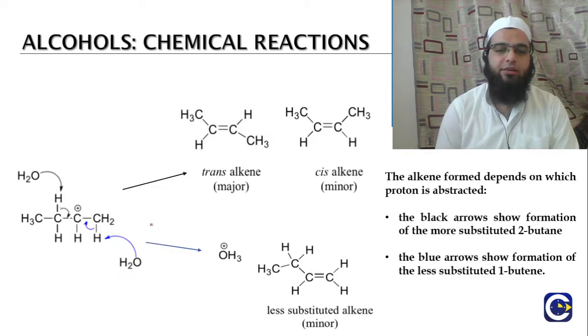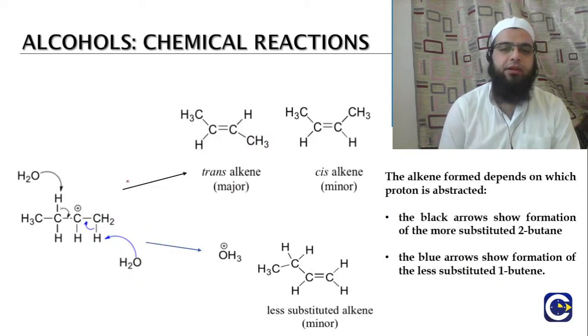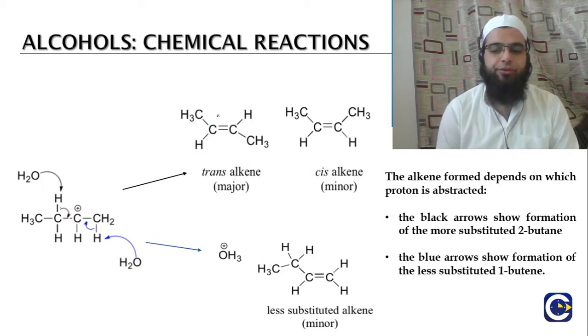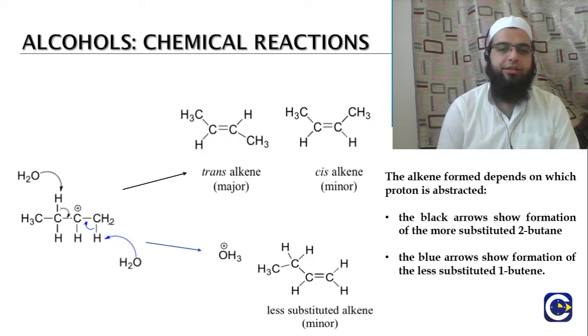So as a result, what's going to happen? If the black pathway is followed, we are getting an alkene. This is the alkene, and it is the more substituted alkene. In this case, we started the reaction with butanol.